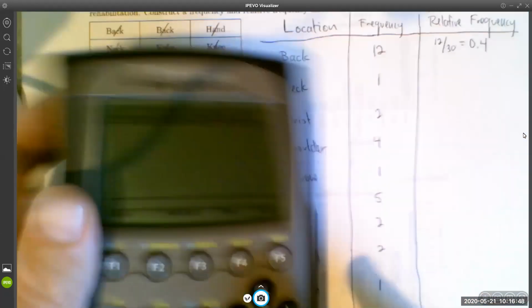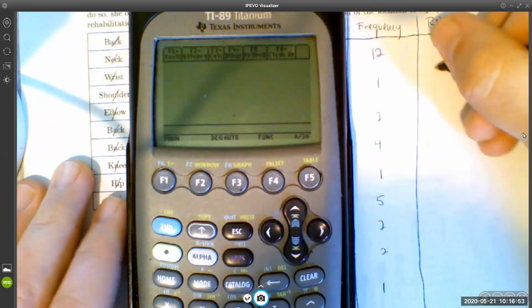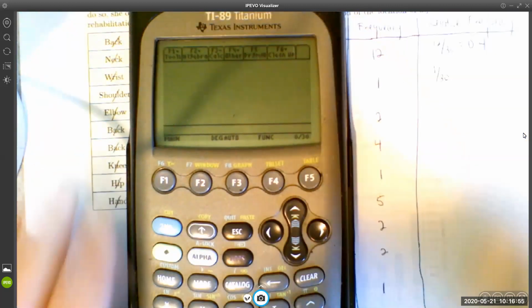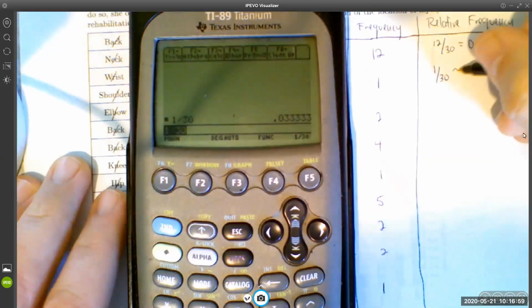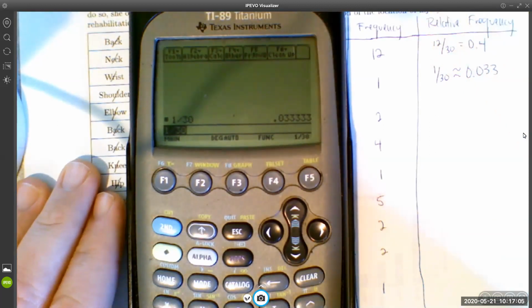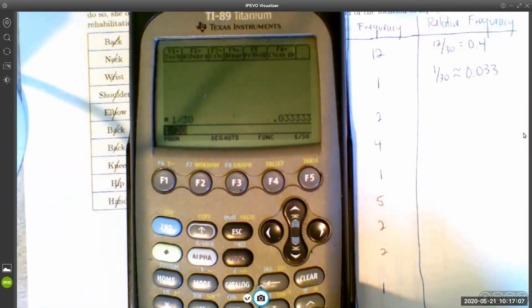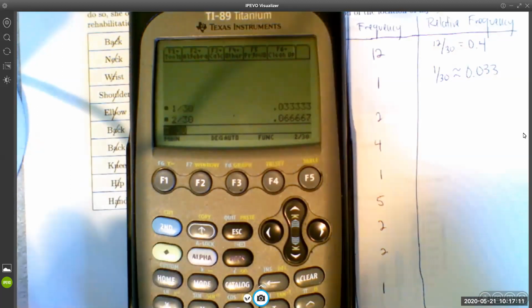Okay. And similarly for the rest of them, right? So we would do 1 out of 30 for this one. 1 out of 30 is about 0.033. I'll round these to 3 decimal places, right? 2 out of 30 and so forth. Right?